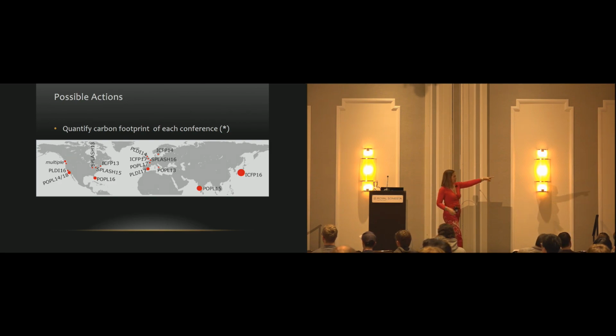So clearly, the ICFP in Japan, over there on the right, was a big gorilla, right? So per attendee, there was a lot of carbon emissions. The ones in northwestern Europe and northeastern United States seem to be the ones that are best for this metric.